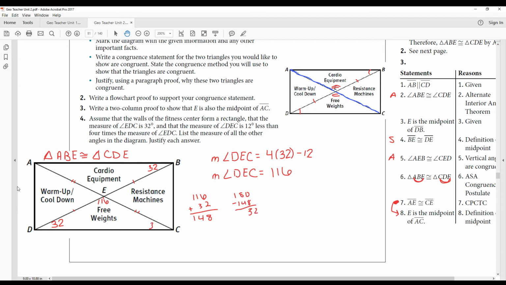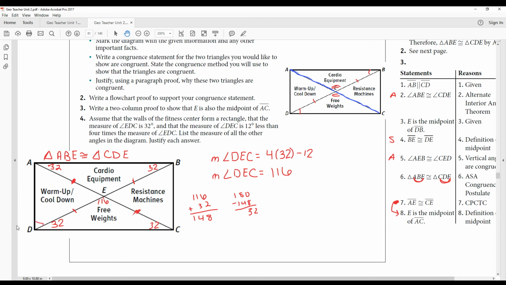So this side over here did end up being 32, which now means that all of these sides are congruent, which is exactly what we knew. If this angle right here is 32 degrees, that means this angle up here is also 32 degrees.